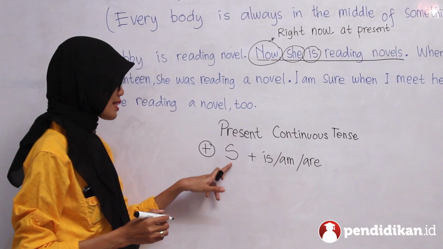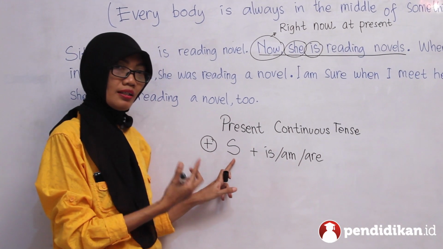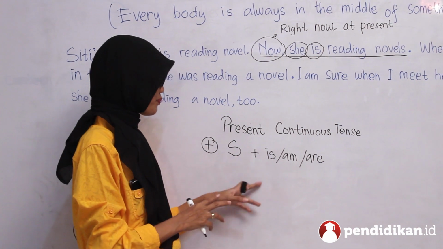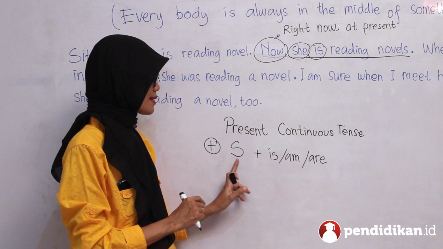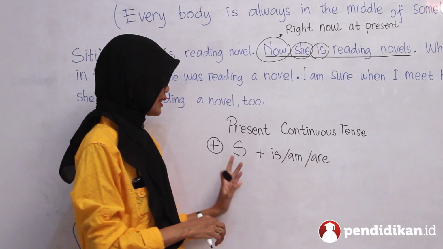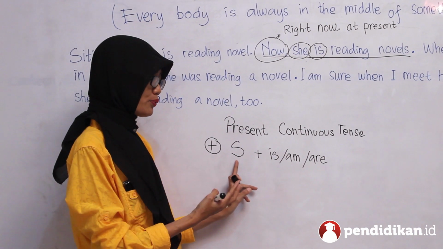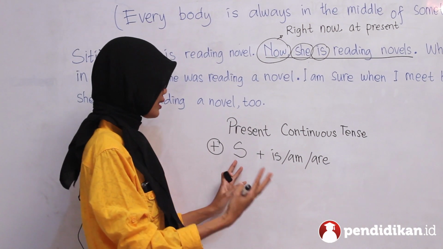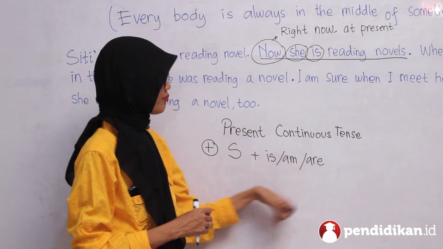If the subject is singular, she, he, it, or one person name, we use is. If the subject is I, we use am. If the subject is plural, you, they, we, or more than one, we use are.